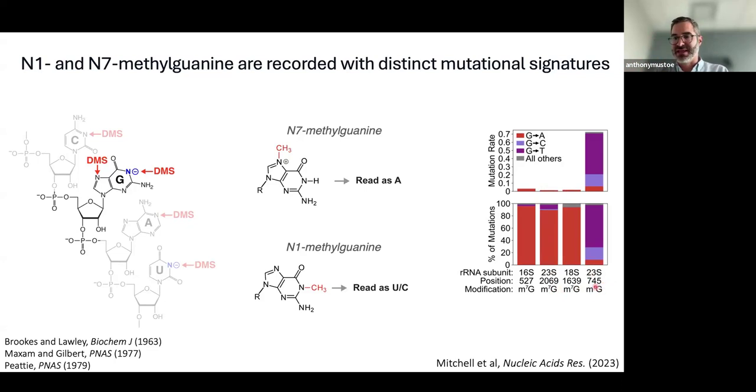Conversely, if we look at an M1 methylguanine, what we see is that this is now read out with very high efficiency, almost exclusively as G to C or G to T substitutions. And so this is consistent with this idea that these two different chemical modifications that DMS gives rise to give rise to distinct mutational signatures.